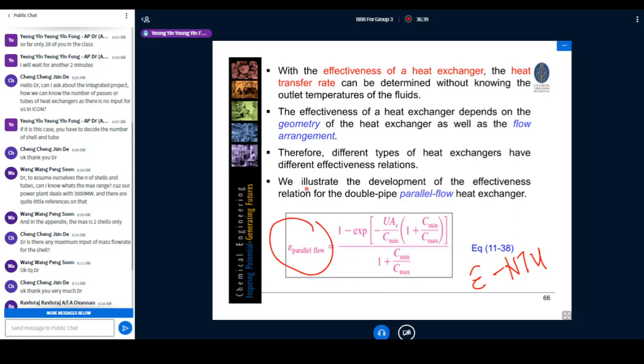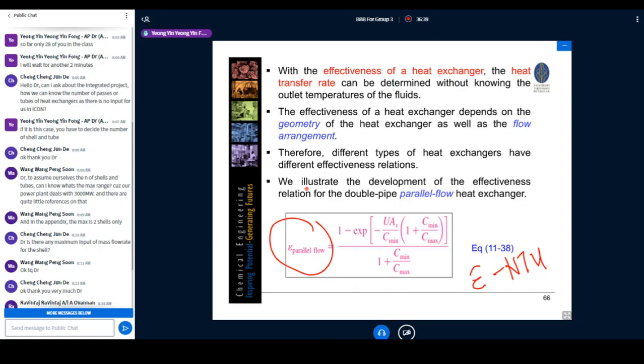The quantity is called the number of transfer units, NTU. NTU is defined as UAs divided by Cmin.